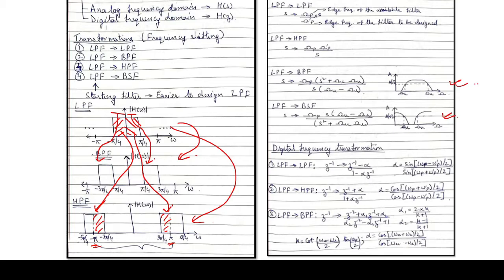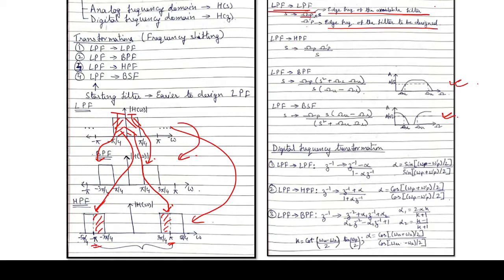Now let us look into the analog frequency transformation. The first one is low pass filter to low pass filter. Here we have omega p divided by omega dash p. The omega p is the edge frequency of the available filter, and omega dash p is the edge frequency of the filter to be designed.